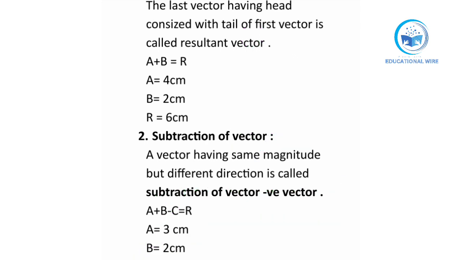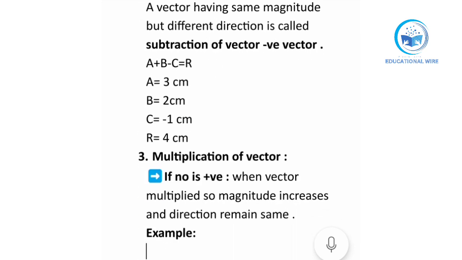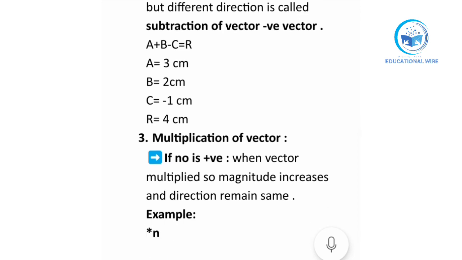Now let's move to the negative side. You can put it over here that M multiply N is equal to Mn. Okay, this is our formula, or you can say mathematically we can do it. Now let's move further to the next point of multiplication of vector.